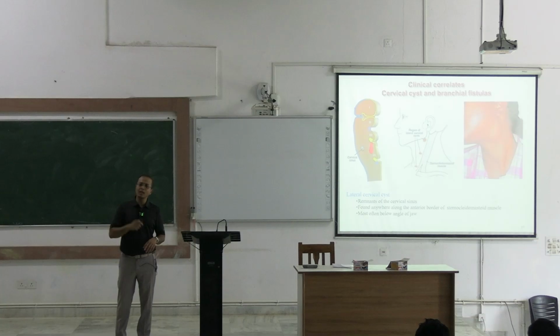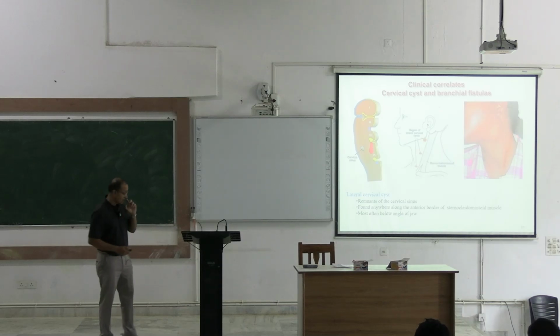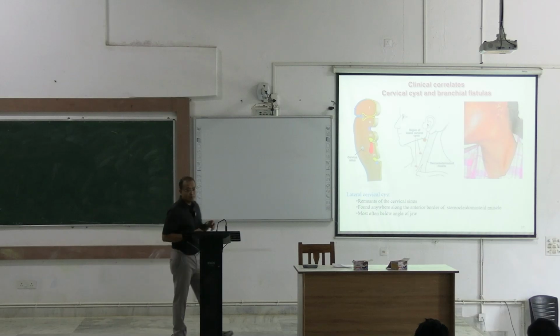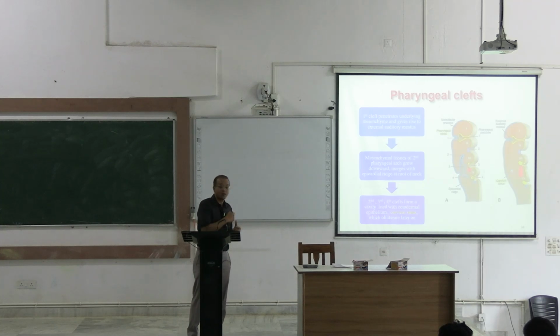Now, this swelling, as you are seeing here, can be present at any length between the attachment points of the SCM, between the mastoid and the clavicle. Here you see that the swelling is coming under the mandible, below the mandible region. This swelling is because of the persistence of the cervical sinus.